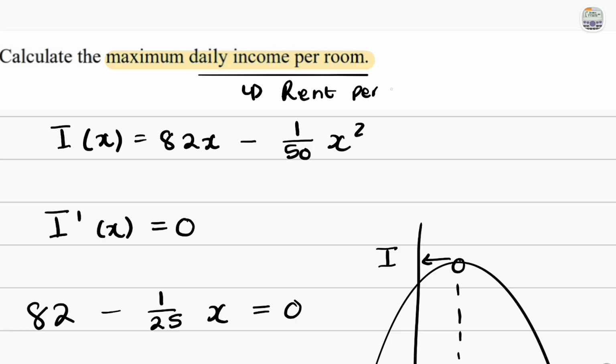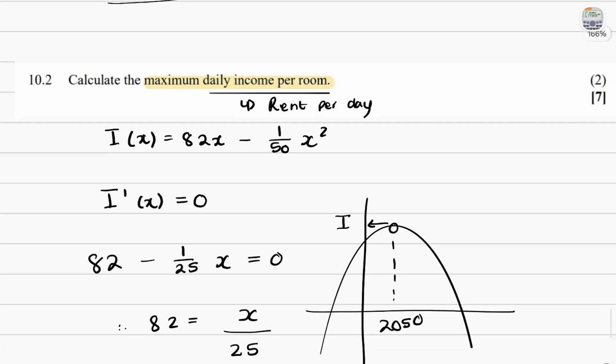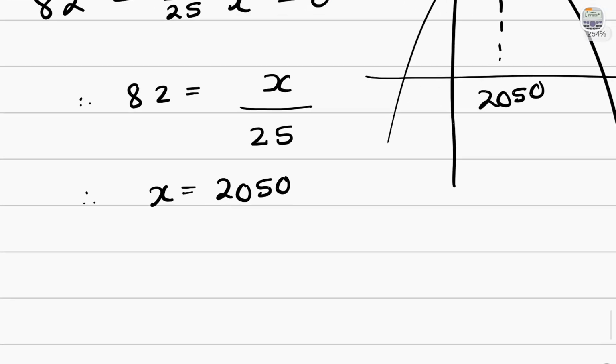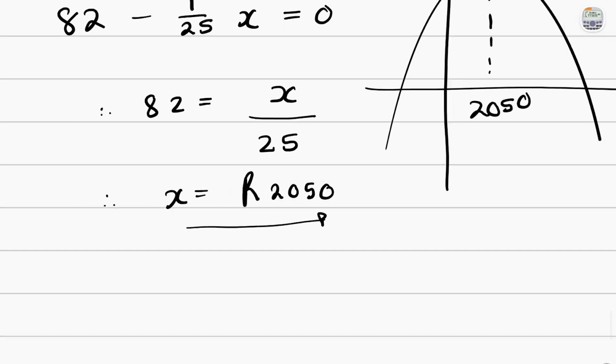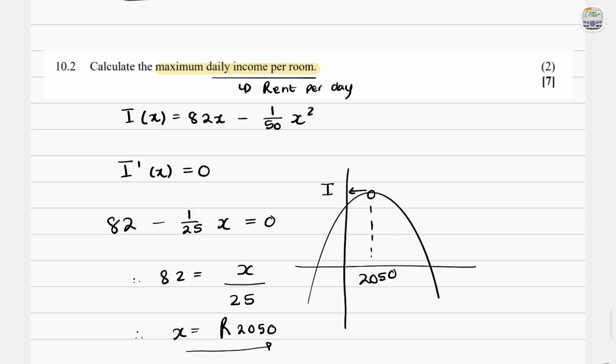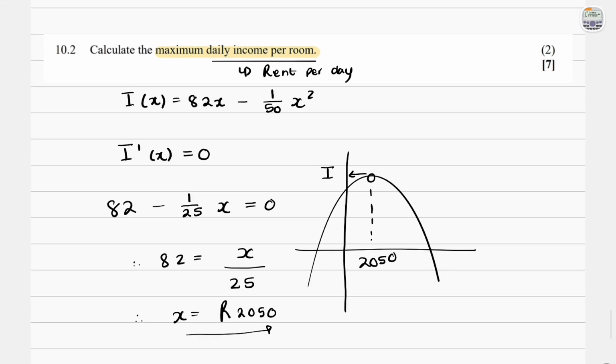So the value of x is the rent per day, and that's what we just found. We found the value of x. So that means that this is 2,050 rand. And that is our answer. And that is it for question 10.